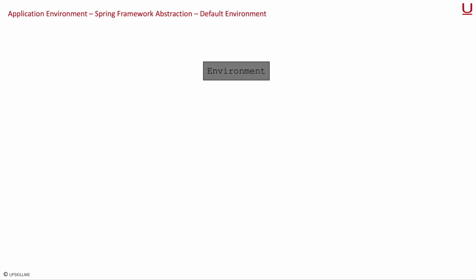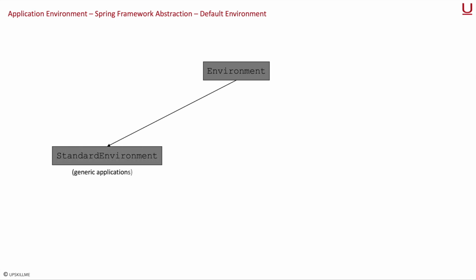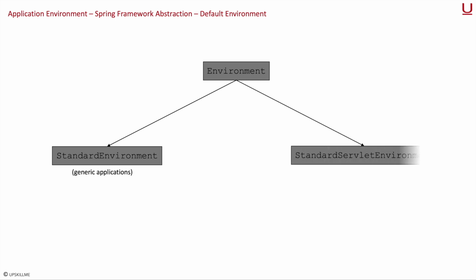Let me talk about default environment implementation and default property sources in the Spring framework. Spring has a standard environment implementation of the environment interface, which is used for the generic application type. For specific application types, there are other implementations such as standard servlet environment for web applications.